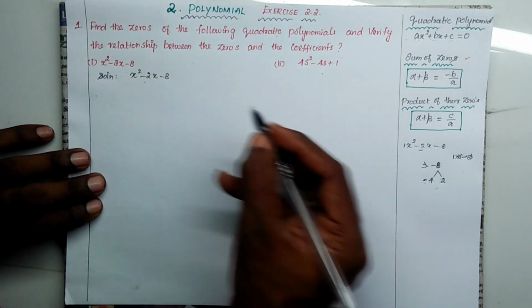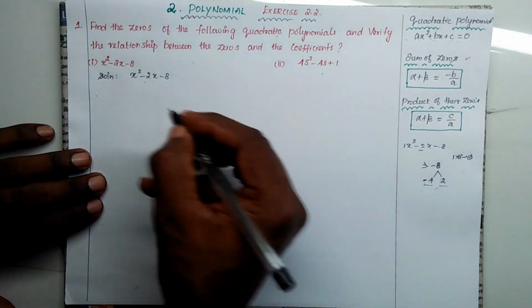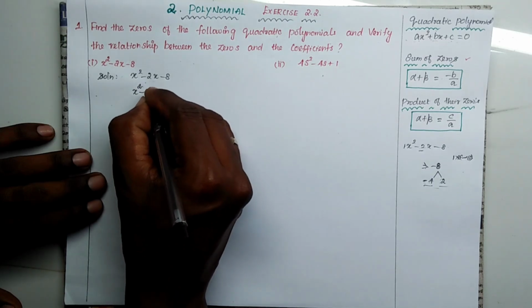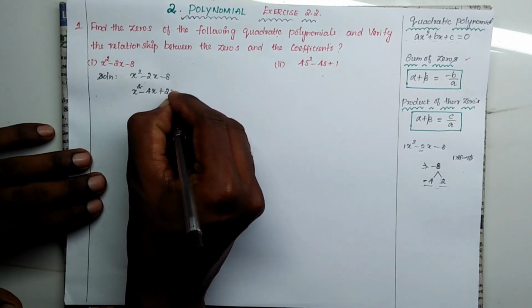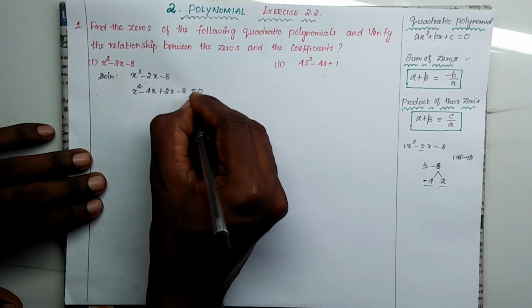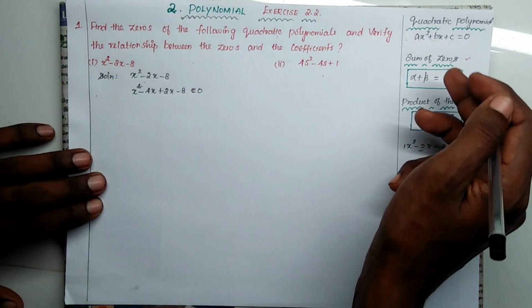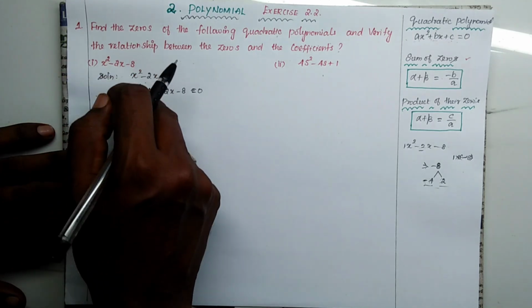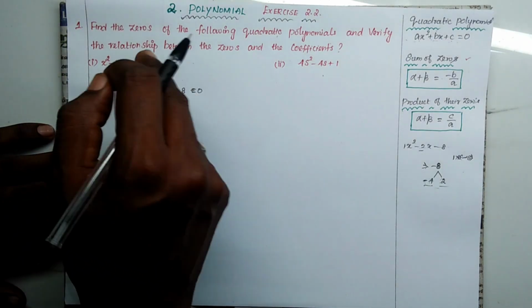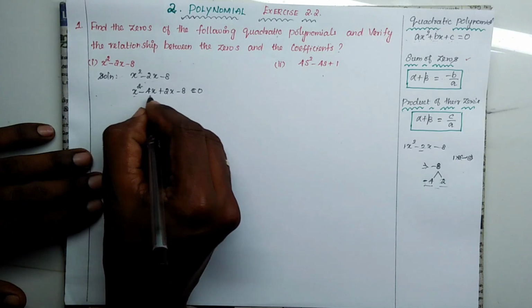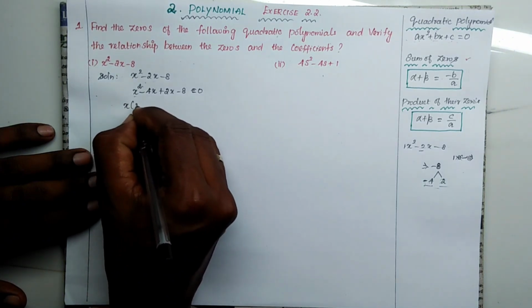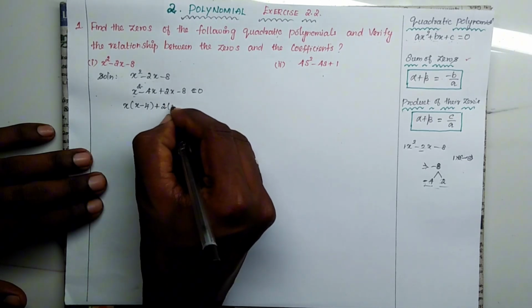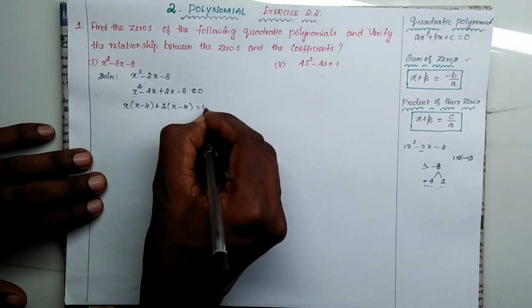So in the place of minus 2x, we are substituting minus 4x and 2x. This equation can be written as x square minus 4x plus 2x minus 8 equal to 0. Then only can we find the values of alpha and beta, that is, the factors of this equation. Now taking x common from the first two terms, we get x minus 4, plus, taking 2 common, this also becomes x minus 4, equal to 0.